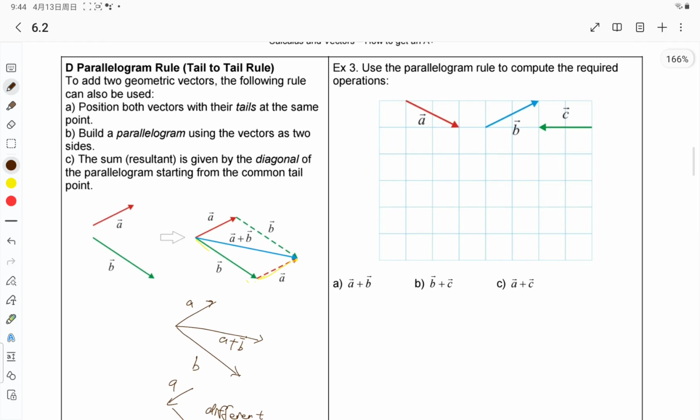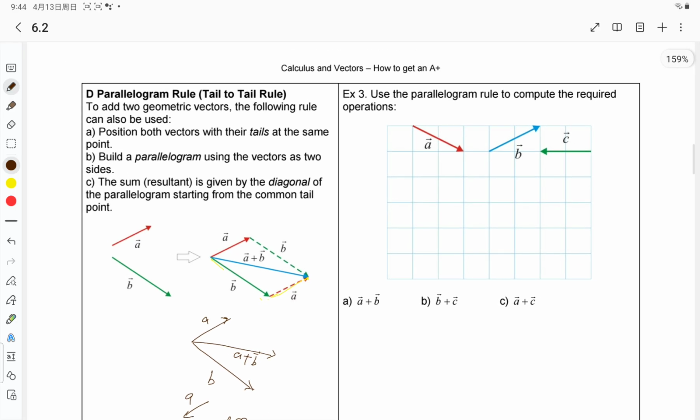Because math is very flexible. So be careful with what you remember. As long as you remember how to add up vectors, I think it's fine. And for A plus B, you can still use the head of the arrow as the tail of another vector. I think it's fine.